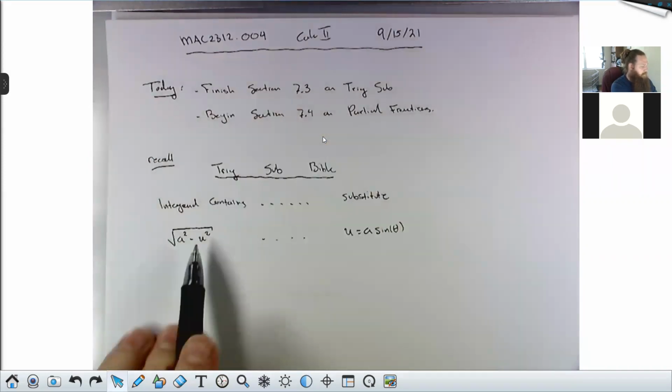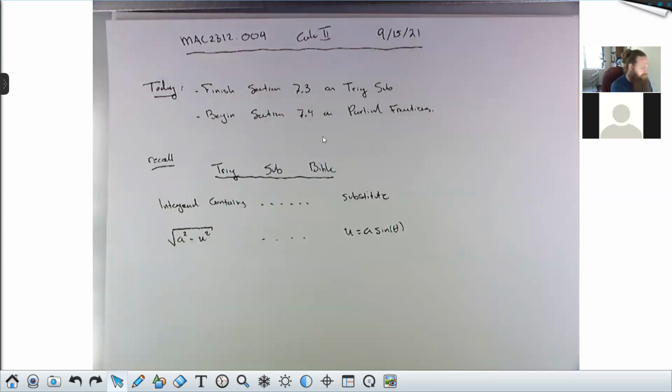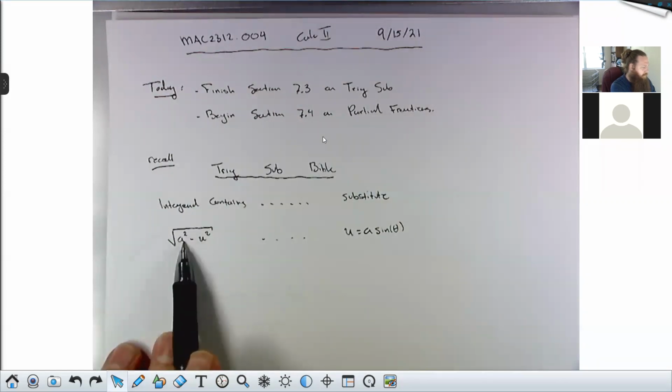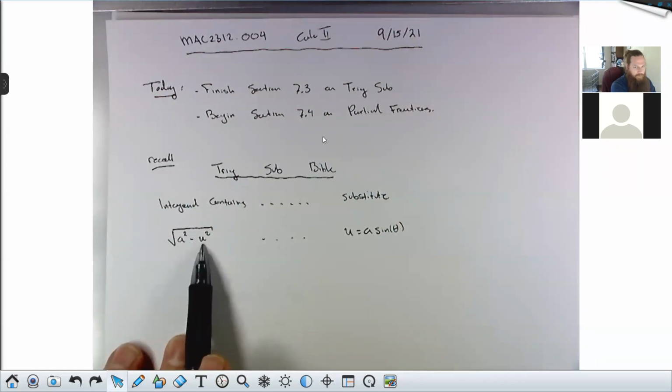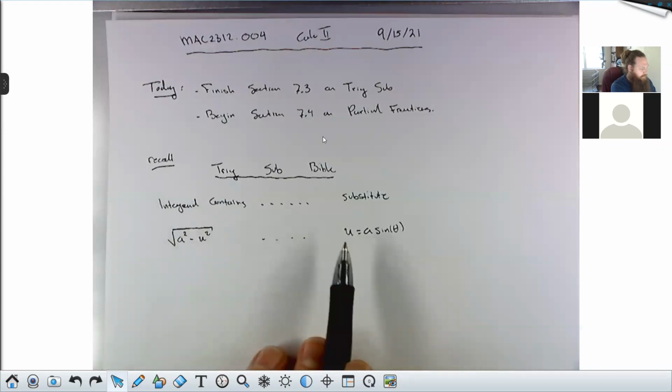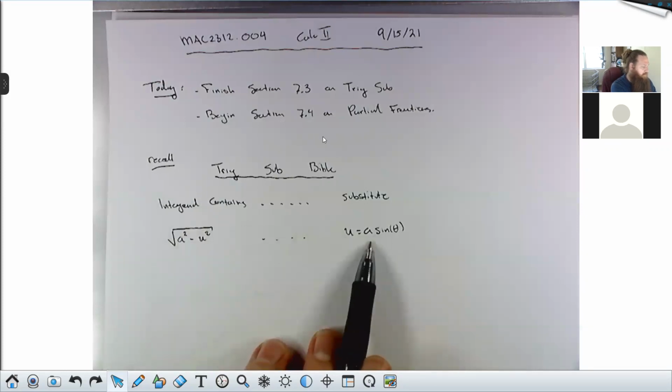So u here, remember, is allowed to be any linear function of x. U could be like 2x or x plus 5. So if this was like 1 minus parentheses x plus 5 squared, you would substitute x plus 5 equals 1 sine theta.